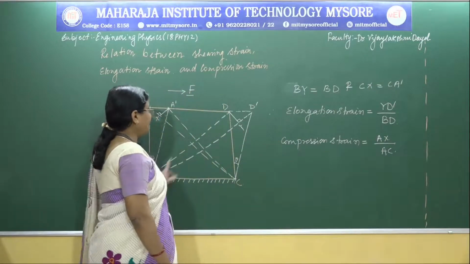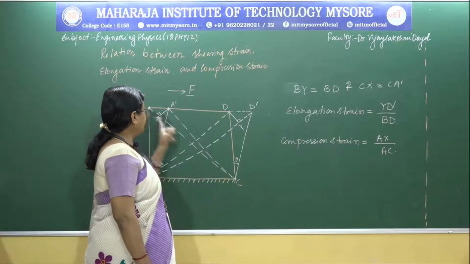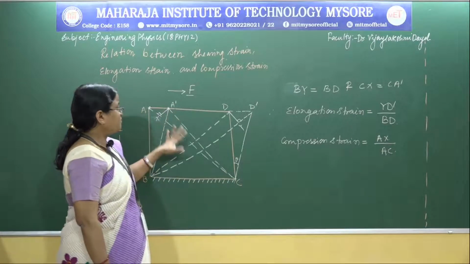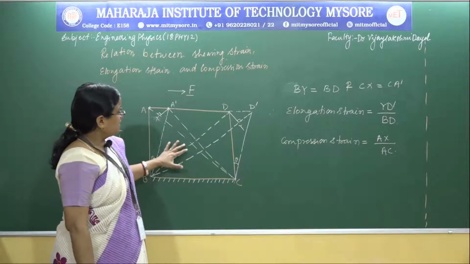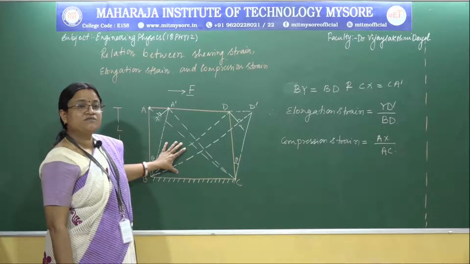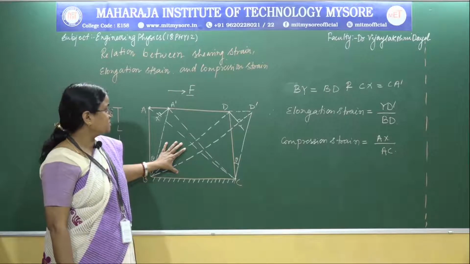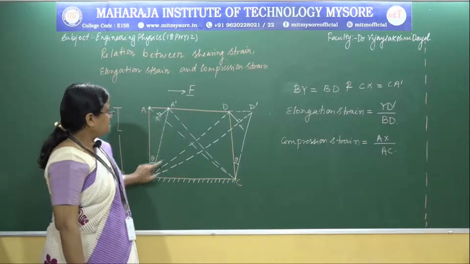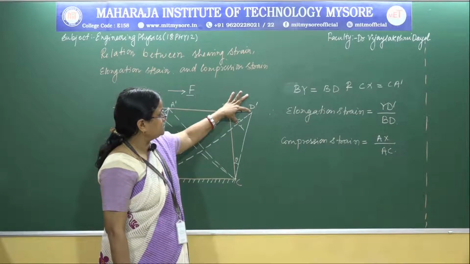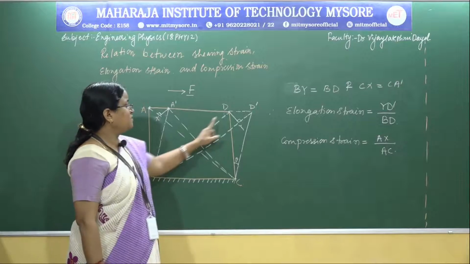Elongation is along BD, so the change is YD dash and the original is BD.